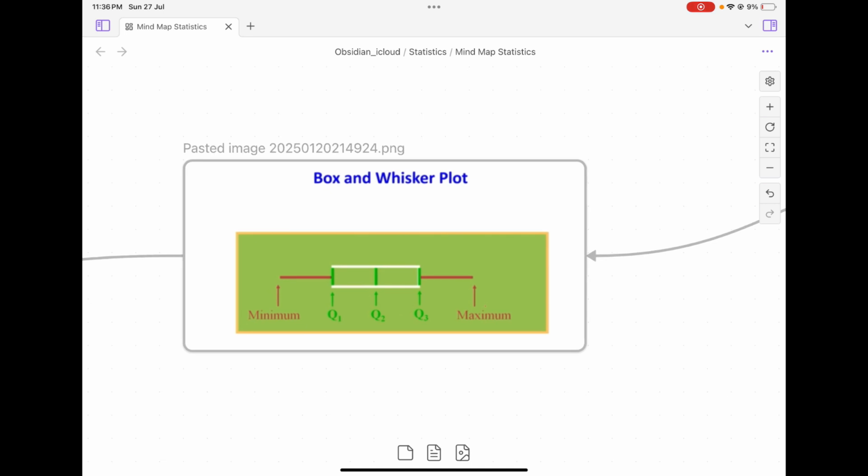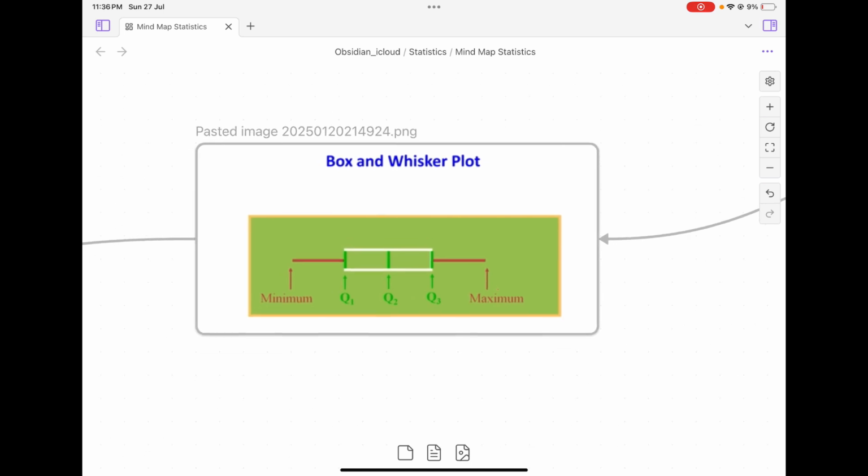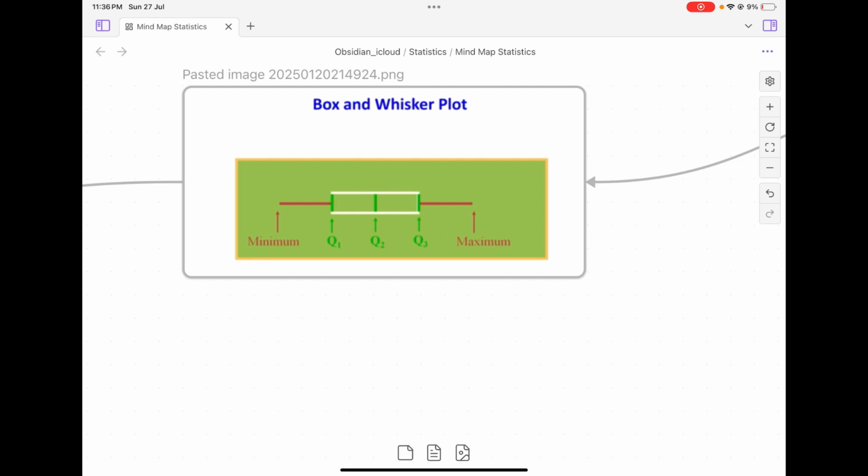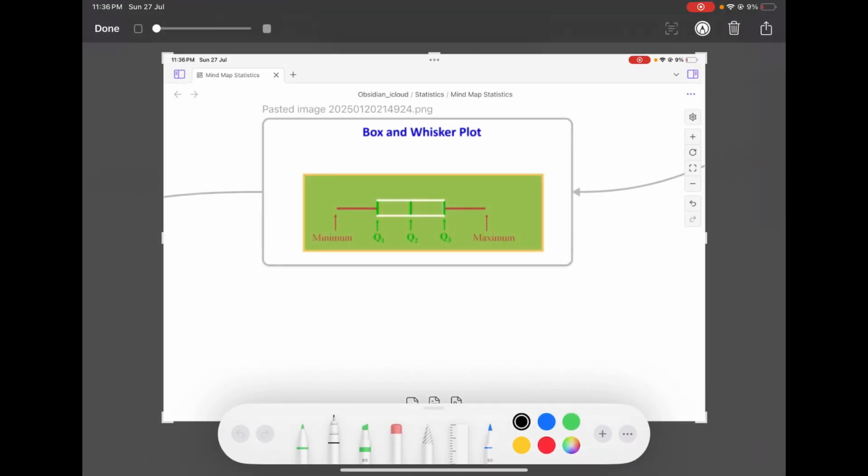So you can see a box and whisker plot. What we are doing is we will find the quartile, that is Q1, then we will find Q3, so Q2 will be the middle. Then we can plot the data, and the minimum value will be somewhere here and the maximum value will be somewhere here, and if you observe some data to be here and here, that is an outlier.